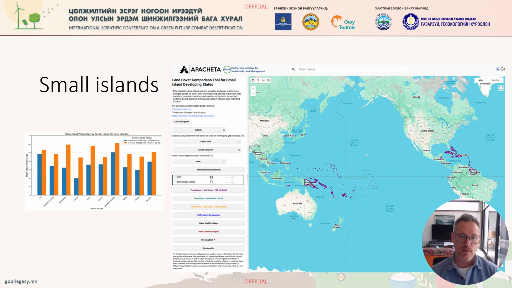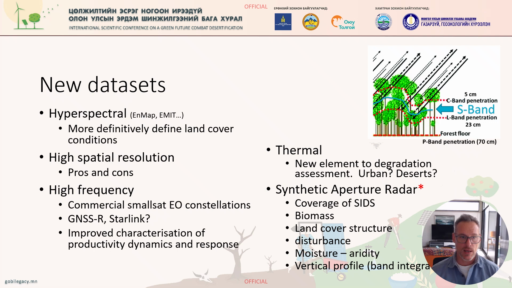On the right-hand side there, Apacheta are one of our partners in the GeoLDN flagship, and they have just facilitated the production of some new data sets that compile the high resolution imagery available over SIDS in the Pacific and elsewhere, as you can see. So that's a great new product there. There is now quite a bit of focus on producing data sets for the small island developing states.